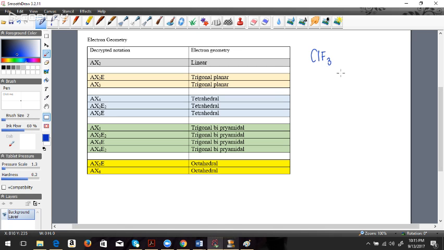Now we know chlorine is in 7A, so it's got 7 valence electrons. Fluorine is also in 7A, so each fluorine has 7 valence electrons. As I said, the element that's least in count goes at the center, so I'm going to put my chlorine at the center, and it's got 7 electrons, so I'm going to try my best to spread them around.